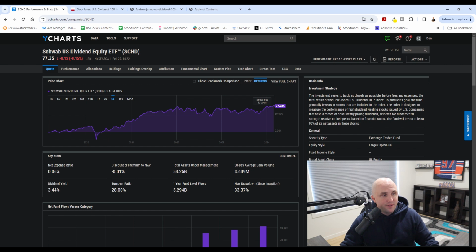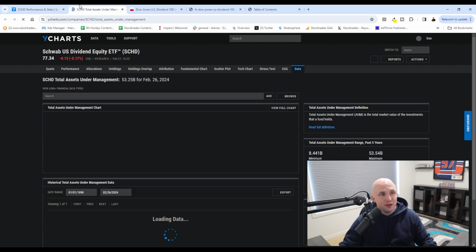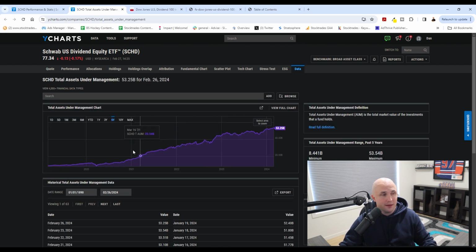So this fund has $53 billion in assets under management. And if we look to the trend of assets under management, this fund absolutely exploded post-pandemic. So we can look to 2020, about 12 billion in AUM. We fast forward to today, 53 billion. So a lot of investors love this fund post-pandemic, primarily because of its performance prior to that.